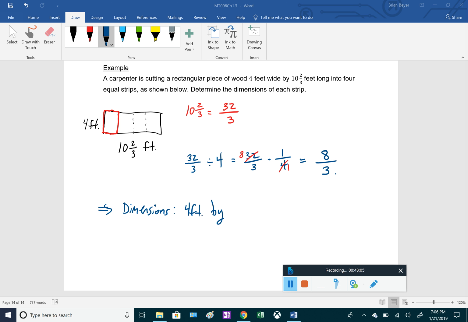So as a mixed number, 8/3, this is when you would just divide it. It would be 2 2/3. 3 times 2 is 6, plus 2 is 8, 8 over 3. Okay. So it's 4 feet by 2 2/3 feet. And that's our answer. Okay, so that is it for section 1.3.